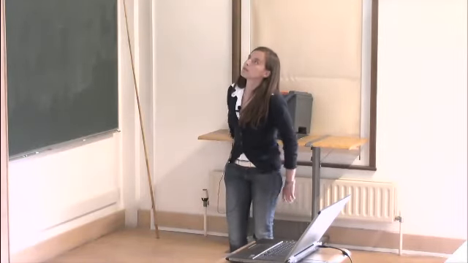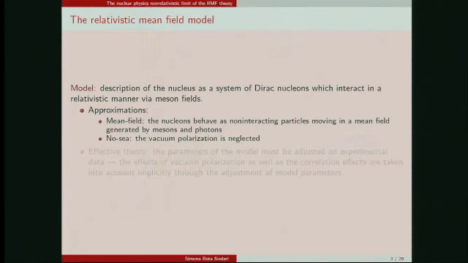The relativistic mean field theory is formulated on the basis of two approximations, the mean field approximation and the no-sea approximation. On the one hand, thanks to the mean field approximation, the nucleons behave as non-interacting particles which move in a mean field created by mesons and photons.